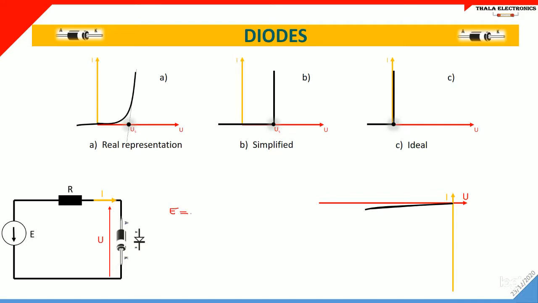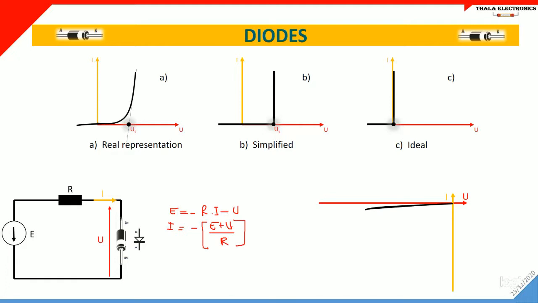E is equal to minus R multiplied by I plus minus U, and the current now is equal to minus (E plus U) divided by R.